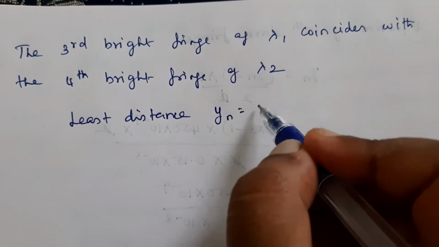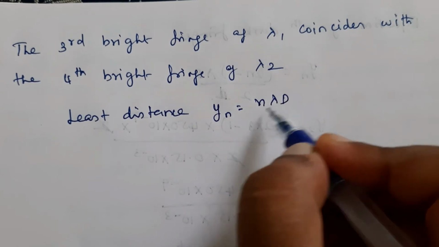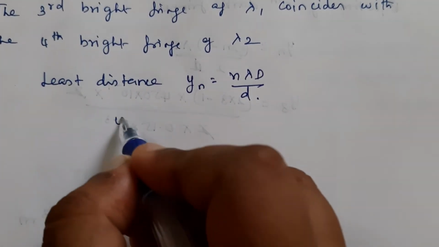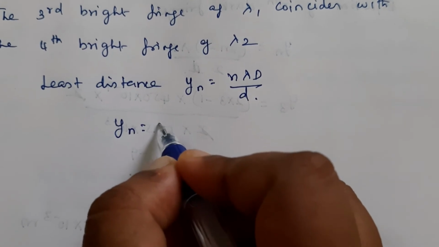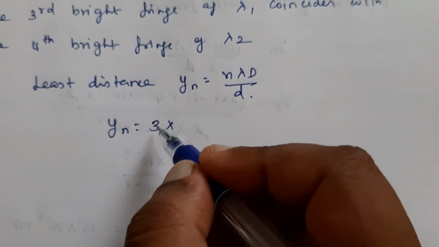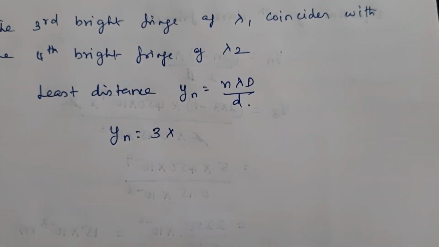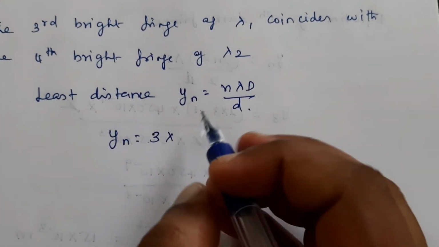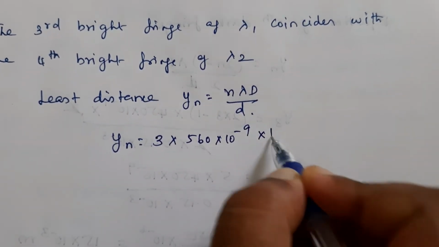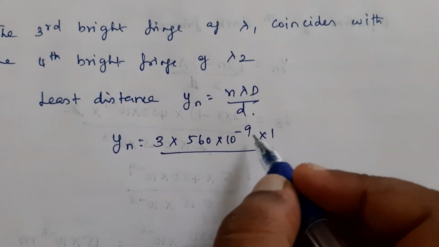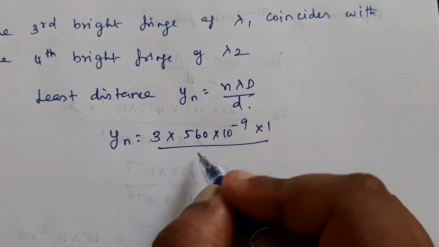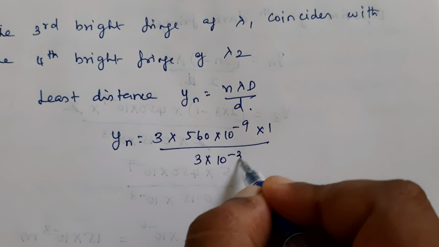yn is equal to n lambda D by d. So yn is equal to, n value you can write as 3, into the lambda value. We have to take the wavelength for the third bright fringe, that is 560 into 10 raised to minus 9, into the distance between the source and the screen, that is 1, divided by the distance between the slits, that is 3 into 10 raised to minus 3.